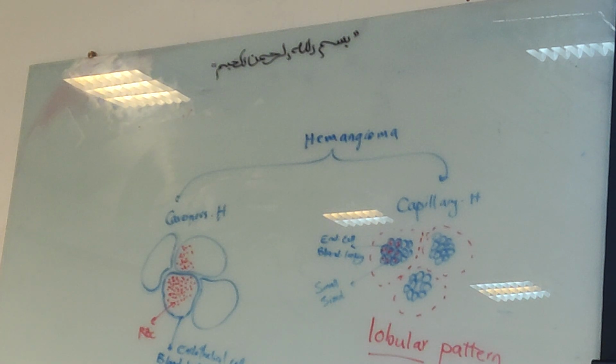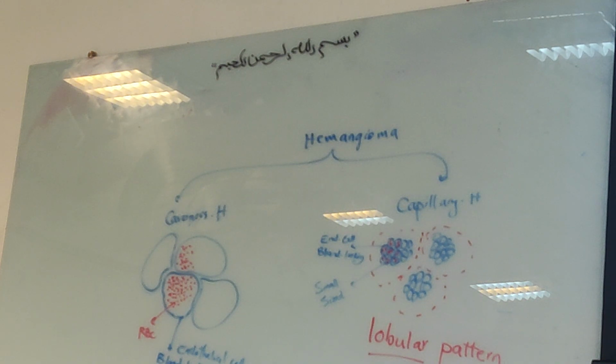You see this is the cavernous hemangioma, large spaces filled with blood. Okay, very scant intervening stroma. In this picture, you see the gross appearance of the cavernous hemangioma. You see a patch with an elevated lesion with this pink color.